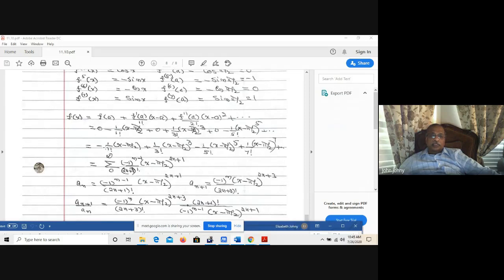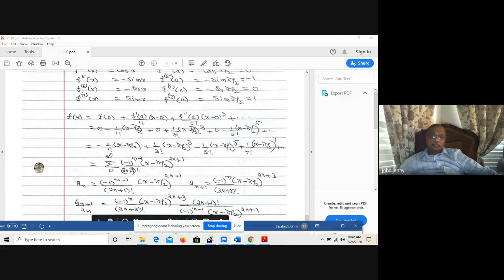So it is negative 1 over 1 factorial times (x minus pi over 2) plus 1 over 3 factorial times (x minus pi over 2) the whole cubed, because the second term is 0, and every other term alternates between positive and negative. Negative 1 over 5 factorial times (x minus pi over 2) to the 5 plus etc.